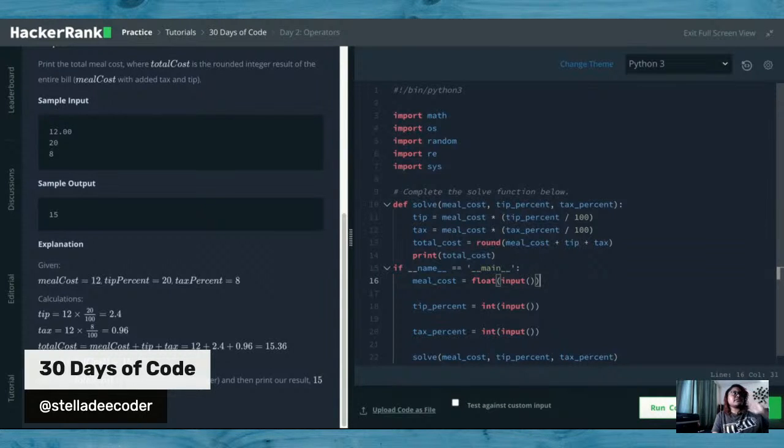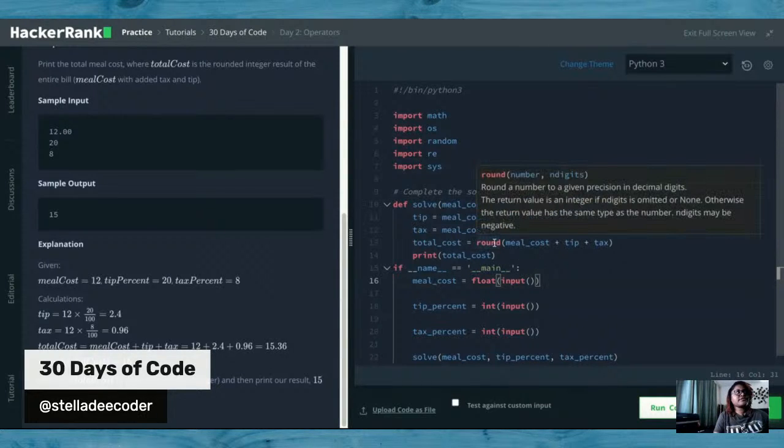So let's see if we have everything. We have the tip, which is the meal cost times the tip percentage. And then the tax, which is the meal cost times the tax percentage. And the total cost is all of these added together and rounded to the nearest dollar.